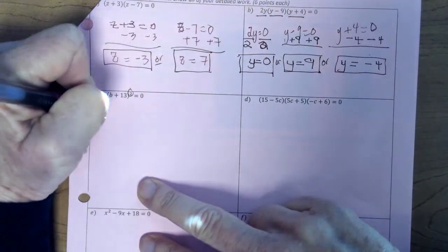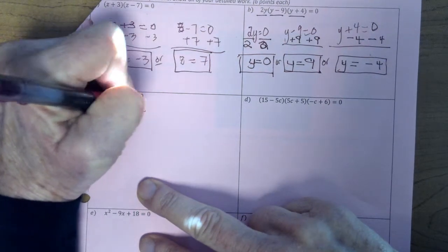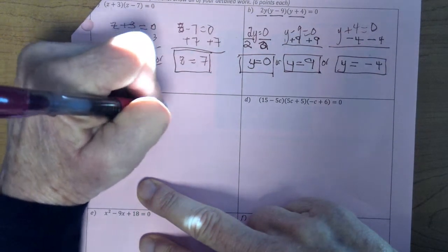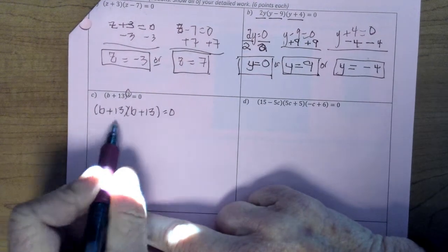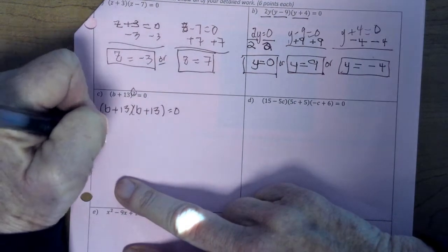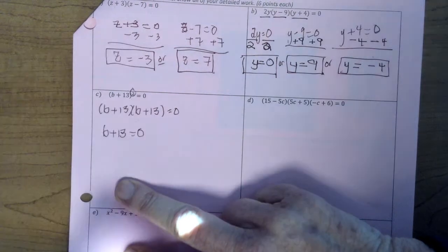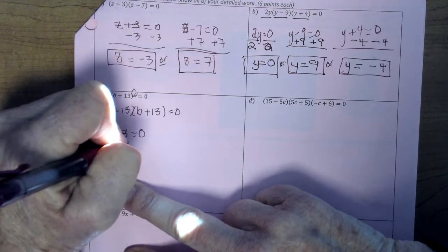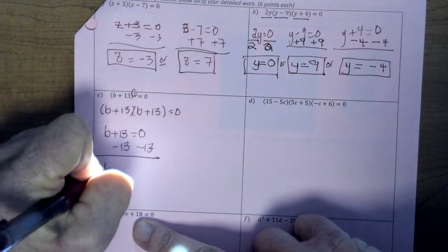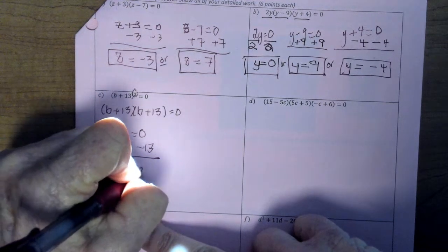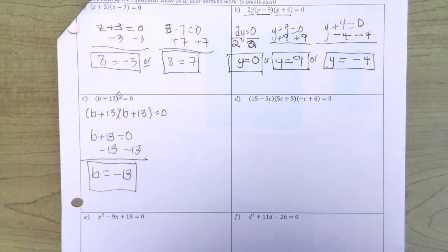It means that I've got b plus 13 times b plus 13, and that's equal to 0. Therefore, I know that they're the same factor, so I'm going to set one of those factors equal to 0, which means I'm going to subtract 13 from both sides, meaning that b can be equal to negative 13. So that is my solution.